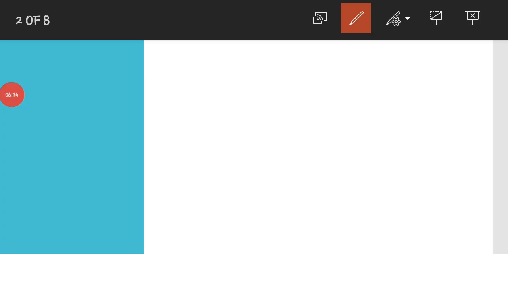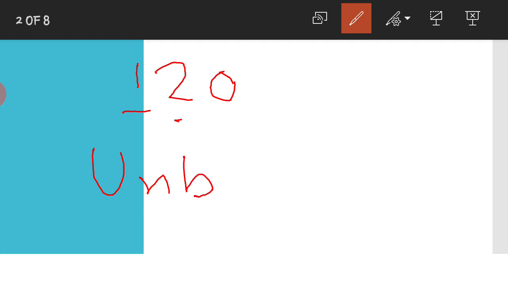Here, 120: 1 is un, 2 is bi, 0 is nil, and suffix ium.